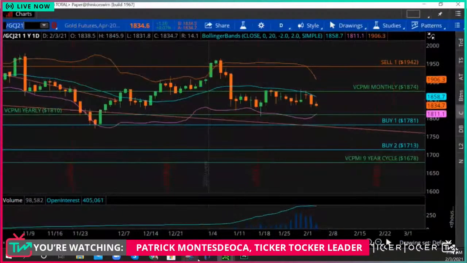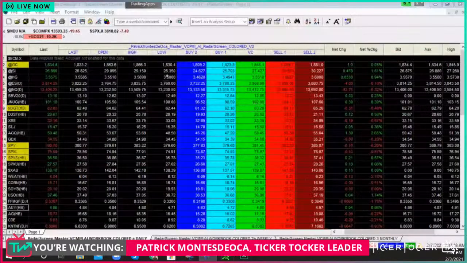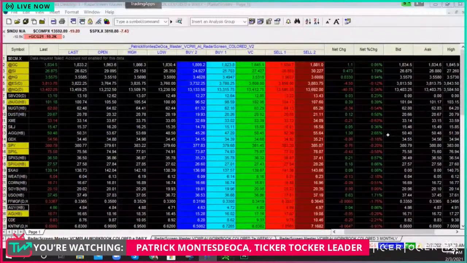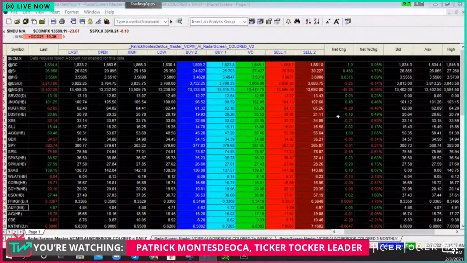Let's take a look at some of the other markets here. The derivatives are, as I said, a little quiet this morning. Across the board, things have settled down from yesterday.